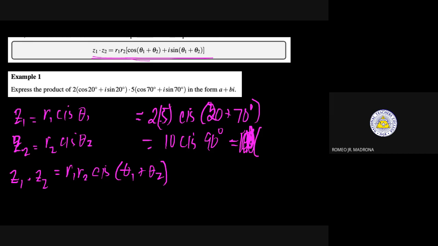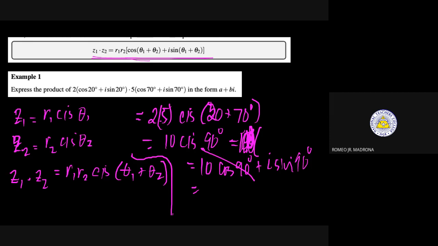Yeah, tama yun. Okay, so 10 cosine 90 plus i sine 90. Diba? And this is 0. This is 1. So, i na lang natira. Well, you could just use 10i. Pwede naman siya. Or pwede naman 0 plus 10i. Okay? They're just equal. But the simplest form is 10i. Alright? Ganun lang siya, class.